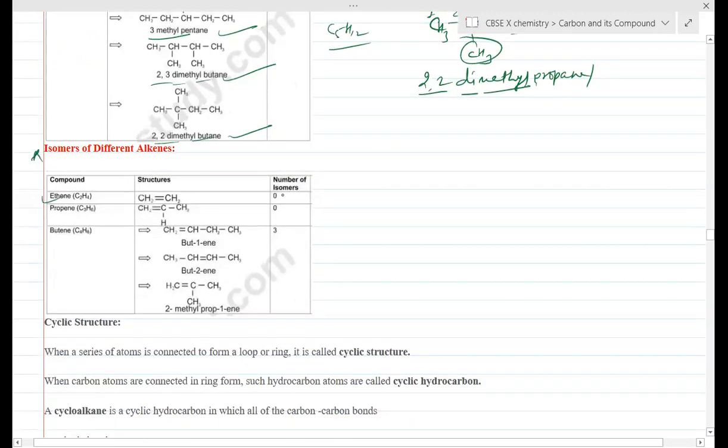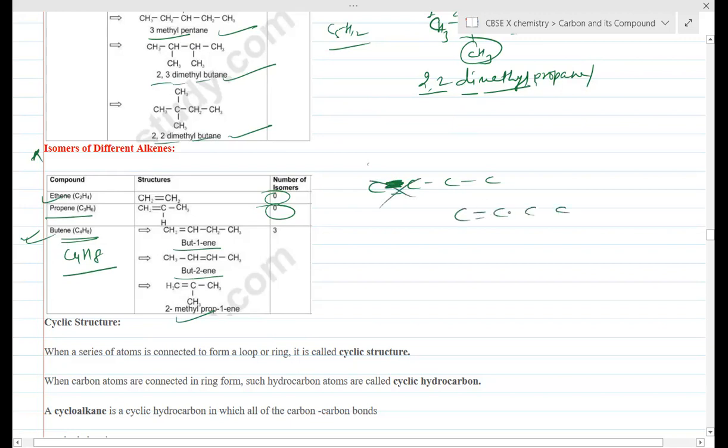Okay, ethene no isomers, propene no isomers. Similar, minimum carbon should be what? 4. C4H8 isomers is possible. Okay, so this is but-1-ene, but-2-ene, 2-methyl propene. You can see a double bond is there between, okay, there are only two bond is there, right? Just two bond is there, 1 2 3 4, the double bond is here, single bond, so here two hydrogen.